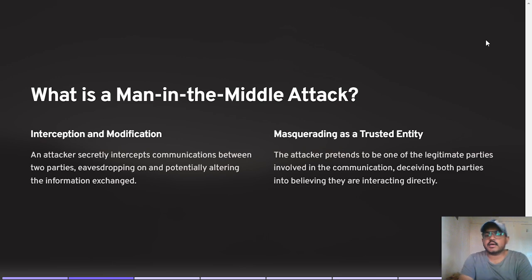The attacker pretends to be one of the parties involved in the communication, and fools both parties into believing they are interacting directly, but there is no direct communication between them.